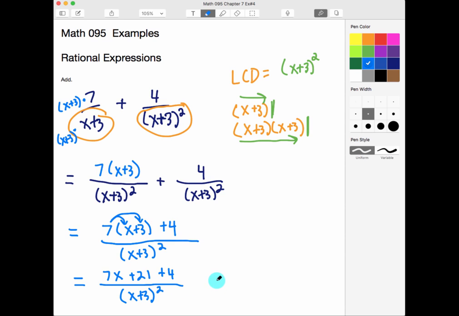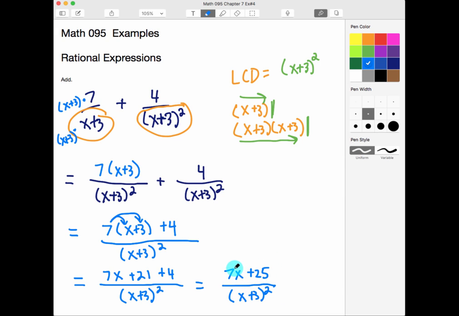Okay, so go to our numerator. What can we combine? Looks like 21 and 4 are like terms. 7x, there's nothing like it, so we'll keep 7x by itself. We'll add 25, and then our denominator stays the same, x plus 3 squared. So at this point, we would check, do you think we can factor the numerator?